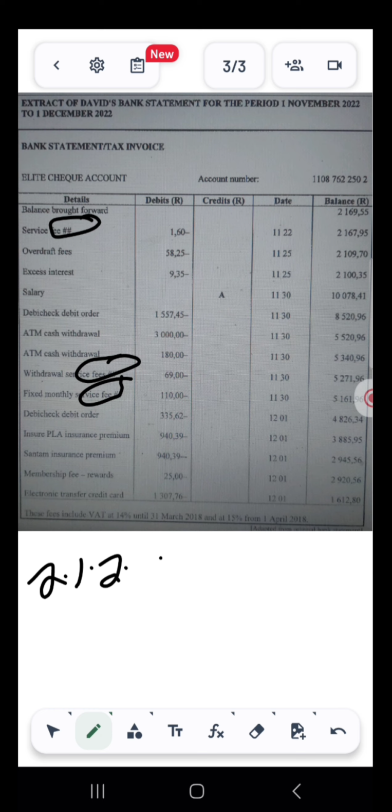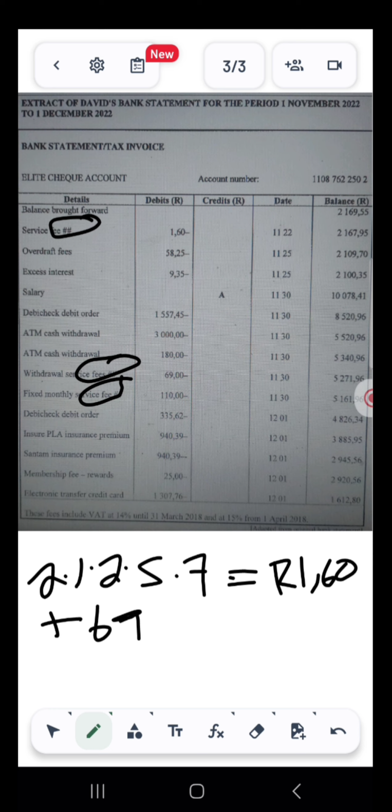So the service fee SF is equals to R1.60, eyokuqala service fee, plus enye service fee ayikhiphile imalini R69, plus enye service fee ayikhiphile R110.